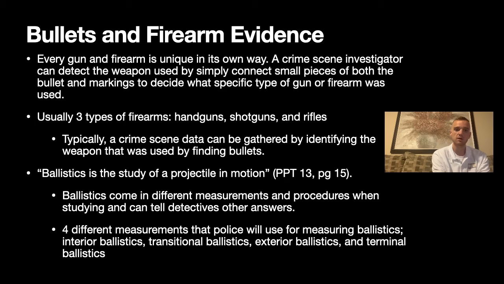Handguns can be semi-auto, fully auto, or a revolver. Fully auto handguns are actually illegal. Actually, fully auto handguns and rifles are illegal in the United States today. At a crime scene, detectives will look for shell casings. If none are found, they most likely assume the gun that was used was a revolver.